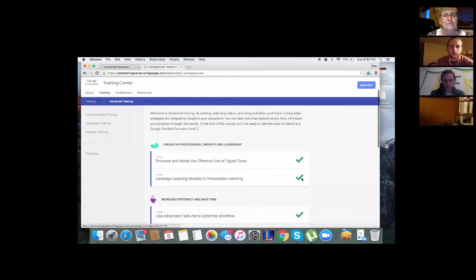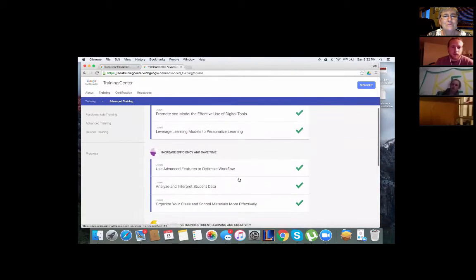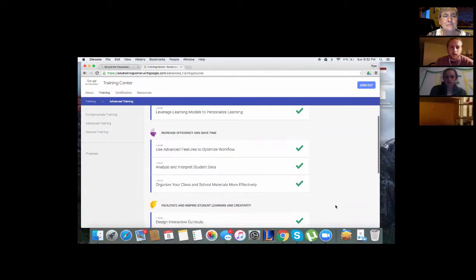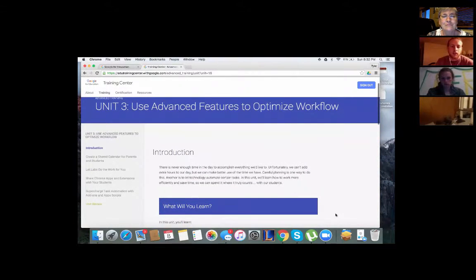Engage in professional growth and leadership. After I finished, it would do a check. And increase efficiency and save time. I'll click on one of these lessons here. This would be a lesson in Unit 3.